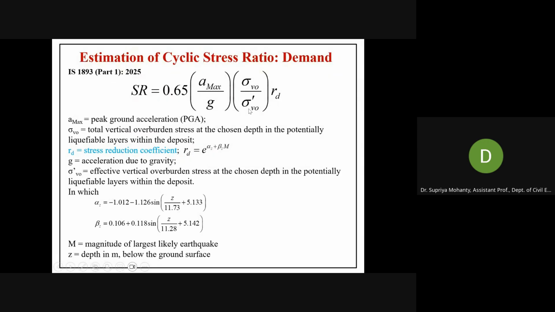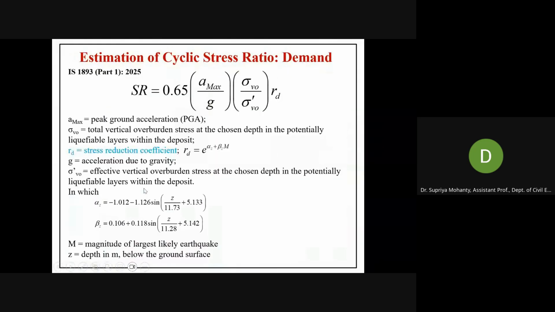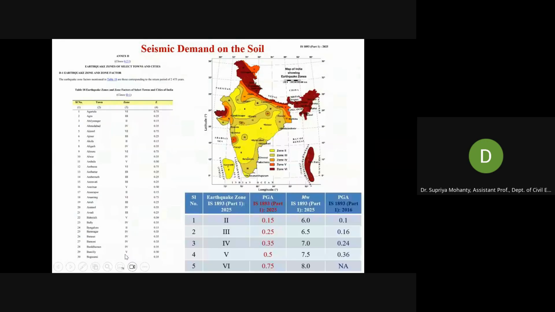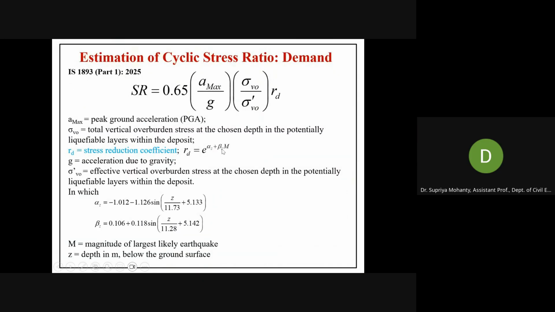The RD here, earlier, this stress reduction coefficient was only a function of Z, that is the depth. However, in our new code, this RD is a function of both magnitude of earthquake and depth. Magnitude M is the magnitude of the largest likely earthquake, which is mentioned in the code also. For every region we have the MW value, that is the maximum magnitude of expected earthquake. So RD is a function of that M and depth.